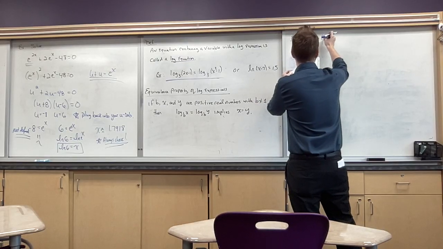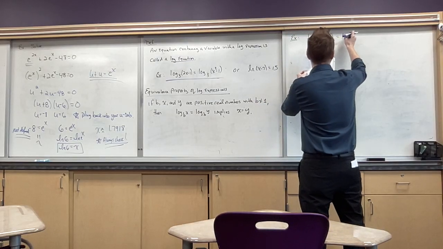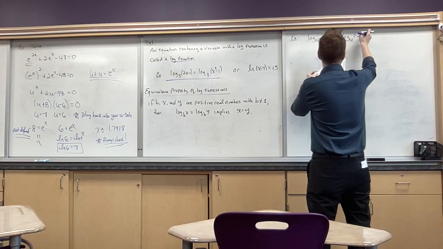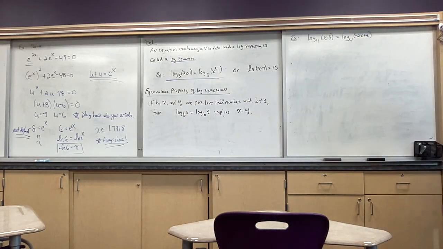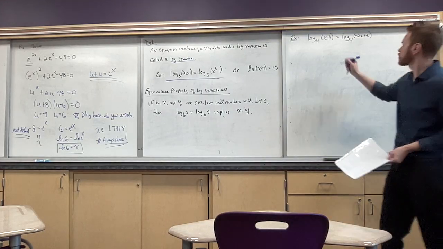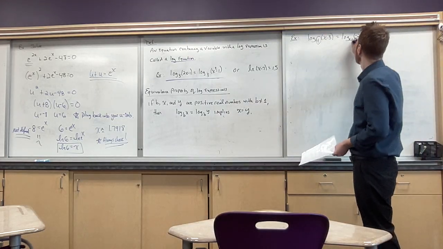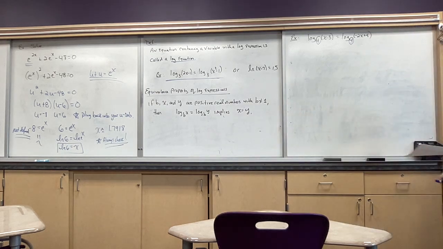Log base 4 of x minus 3 equals log base 4 of negative 2x plus 9. Now I'm going to circle this. Because they have the same base, then the arguments have to be equal to each other.